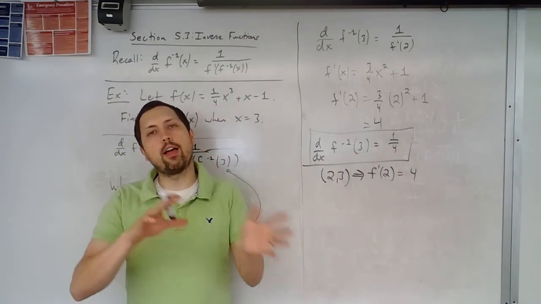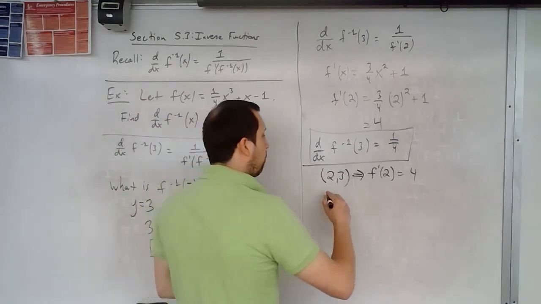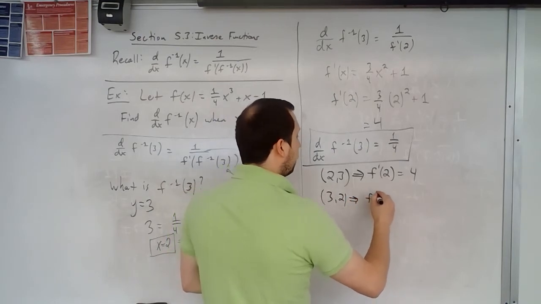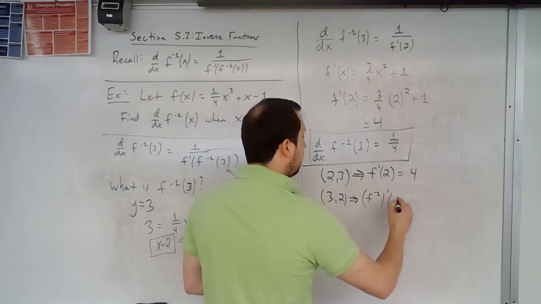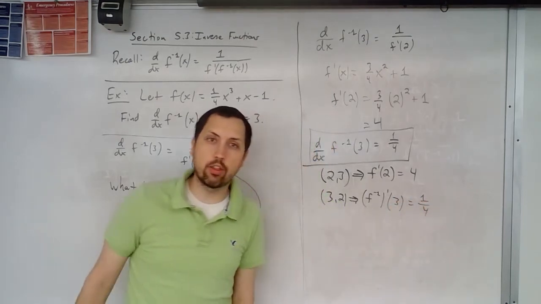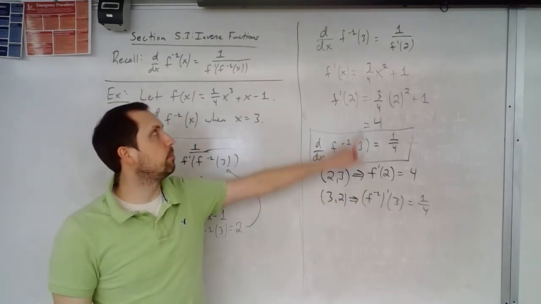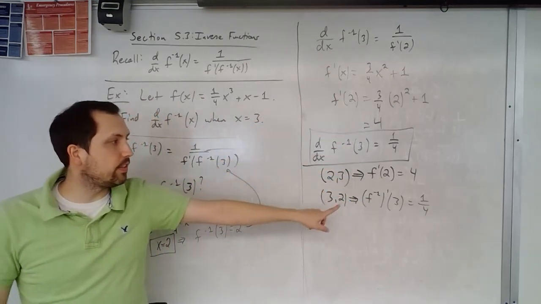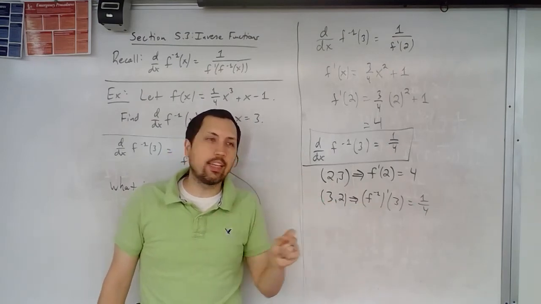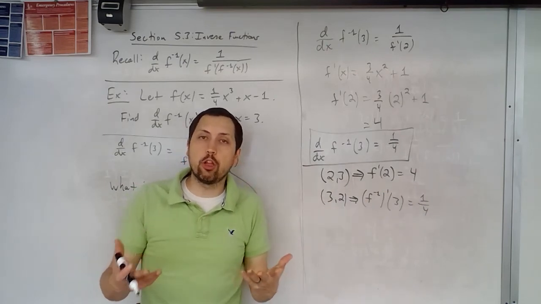Now, when we correspond that to the inverse, remember, x's and y's are switching. So at the point (3, 2) on the inverse function, the derivative at 3 is equal to 1/4. This is just the same notation up here. So the derivative of the inverse function is 1/4. The important thing we can pull out from this is that you get reciprocal slopes.